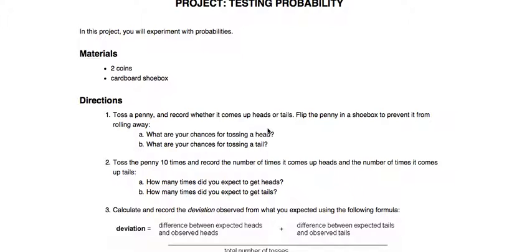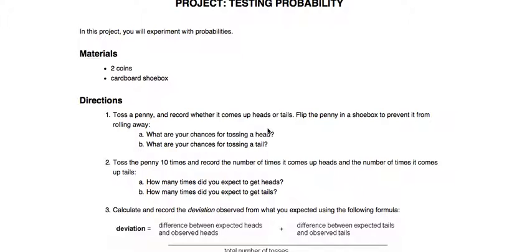Now you're going to make some predictions. A and B ask how many times you would expect to get heads and how many times you would expect to get tails. Remember the expectation is that you have a 50%, a 1 in 2 chance every time you throw that up there to get heads or tails.